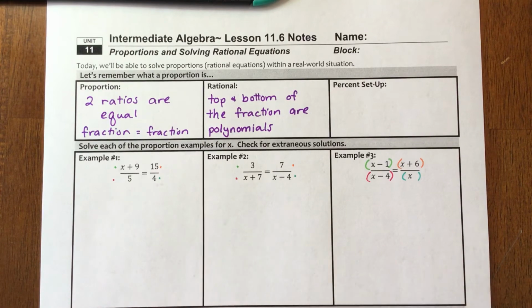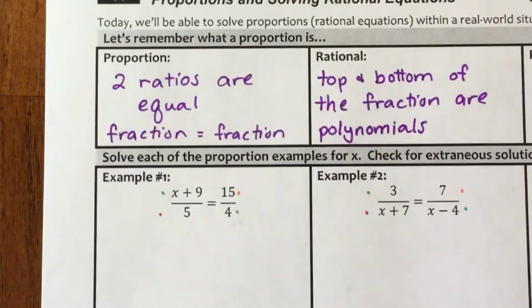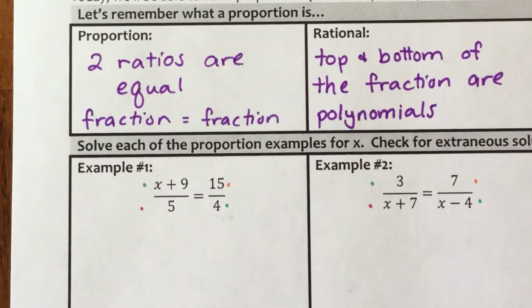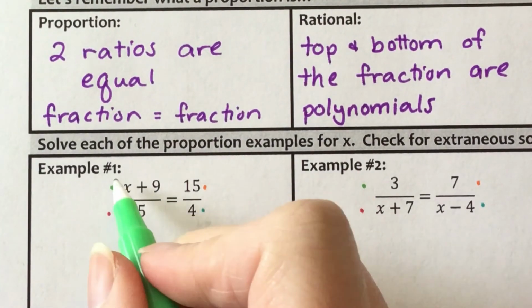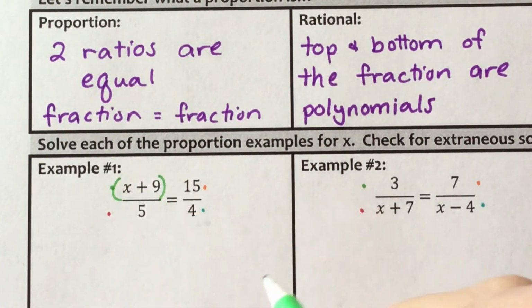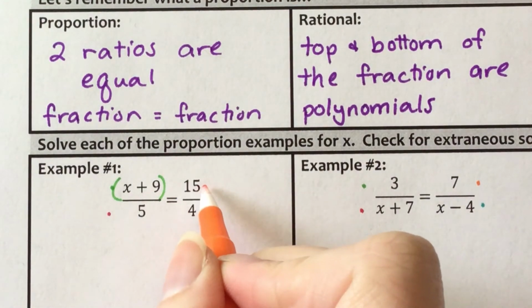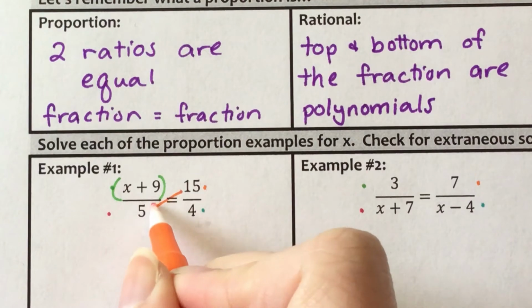Okay. So the fast way to do that kind of multiplication and simplifying is to take literally one numerator, like this x plus 9, and multiply it down here times the denominator, and multiply this numerator times that denominator. Okay, I've color-coded so you can see where everything is headed. All right, I start up here with the 15, and I multiply it down here times the 5.